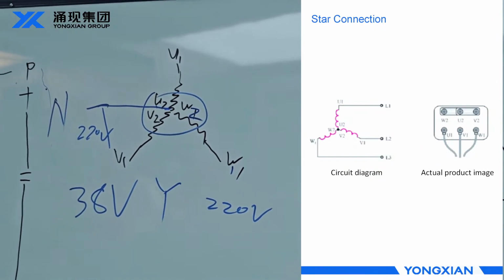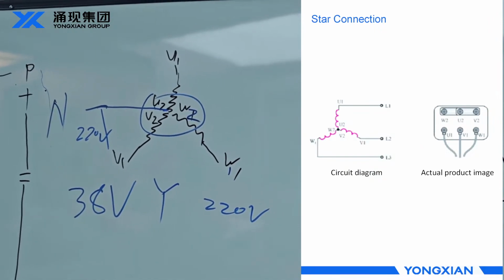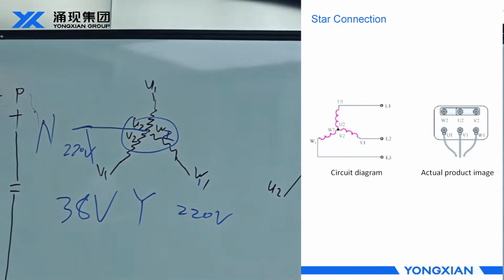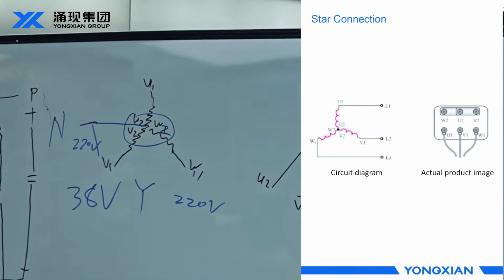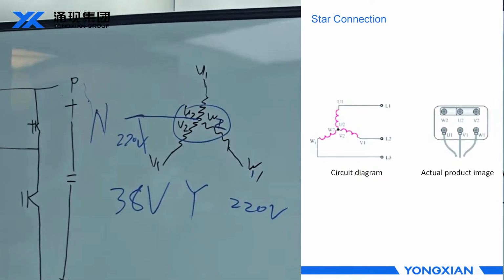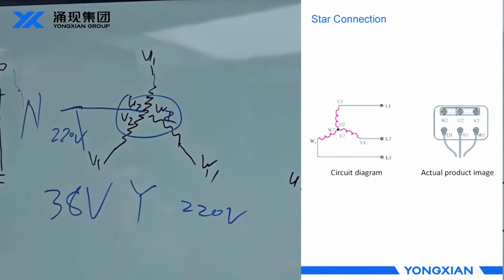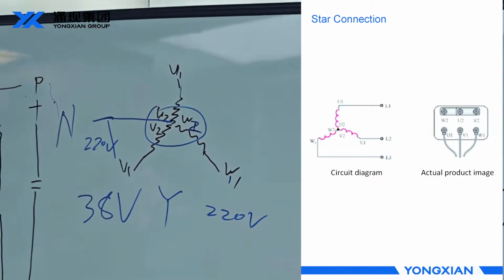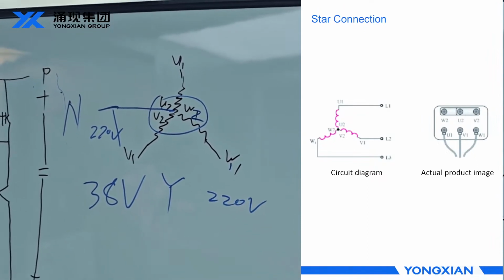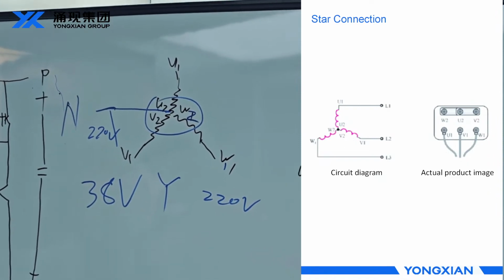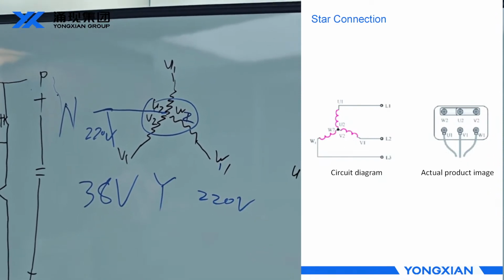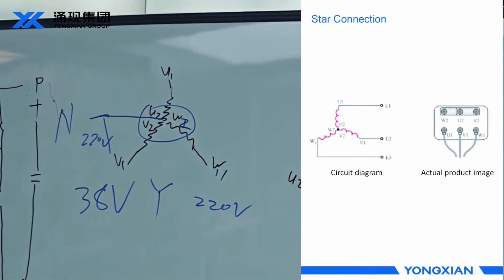Advantages of the star connection: the ends of the windings are connected together, while the beginnings are connected to the power source. Each phase winding experiences a lower operating voltage, resulting in reduced starting current and lower torque.